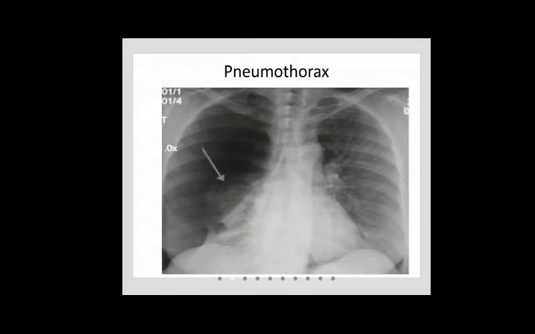Yes, sir. So there is a hypertranslucent lung field, a collapsed lung margin, absent bronchovascular markings, and shift of the trachea and mediastinum towards the opposite side. So this is in favor of pneumothorax.